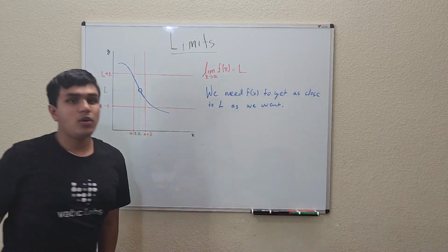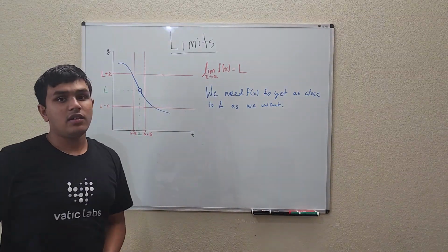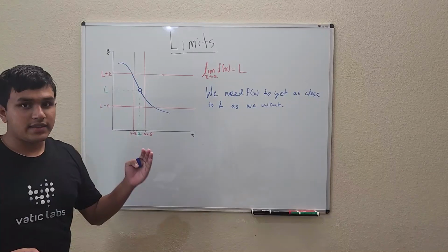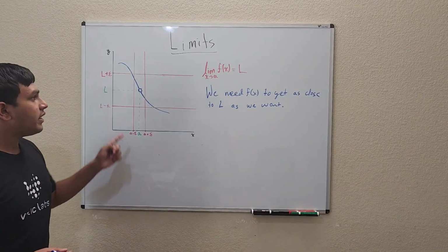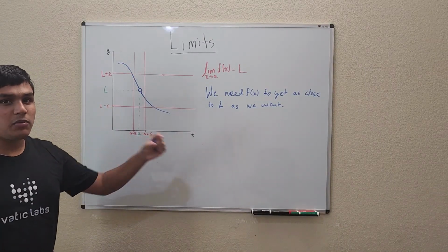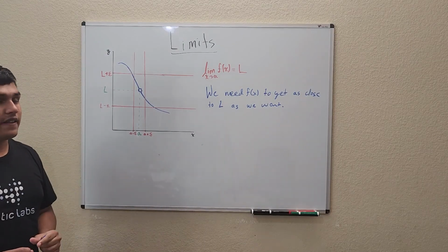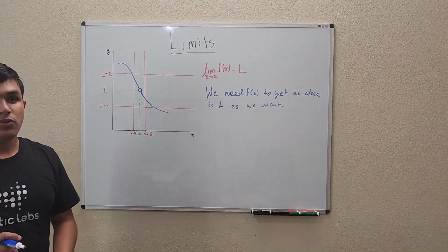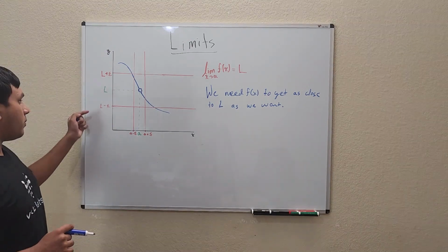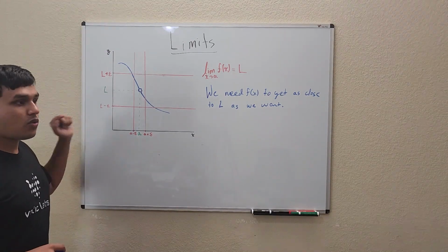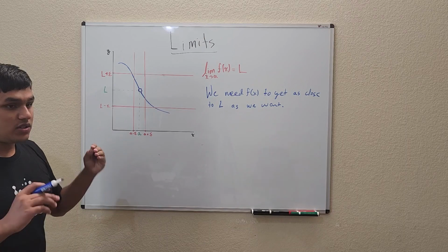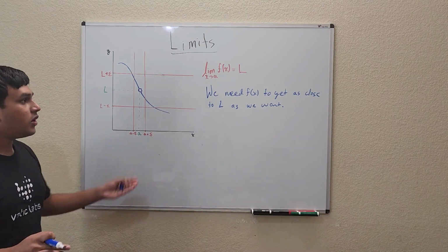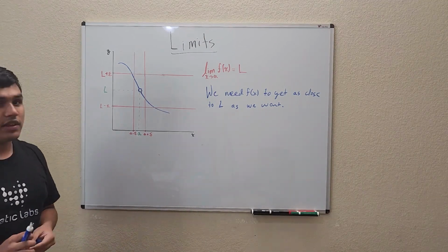If we want it to be within 3 of L, then we want that to happen, because we know for a fact that if it approaches it, then we have to be able to get as close as we want to that point. So whether 3 above and 3 below, 2 above and 2 below, 1 above and 1 below, 0.01 above and 0.01 below, we need f of x to get as close to L as we want.